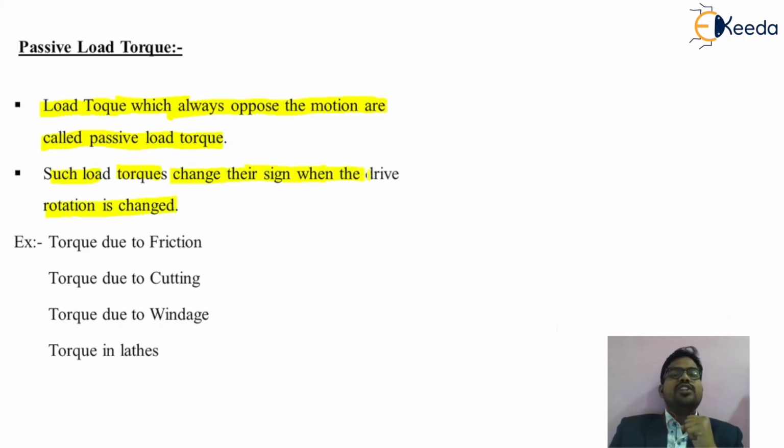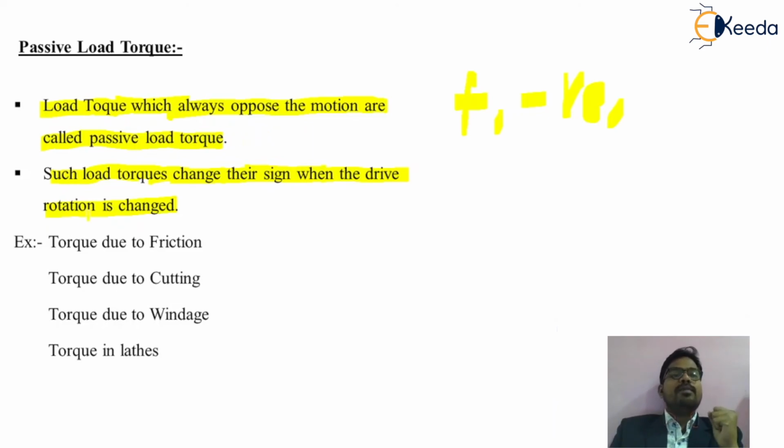What do you mean by the change of sign when the drive rotation is changed? If the direction of rotation is changed, and before it had the positive sign, then after the change in direction it will show the negative sign. So it will change its sign when the rotation of the drive is changed.